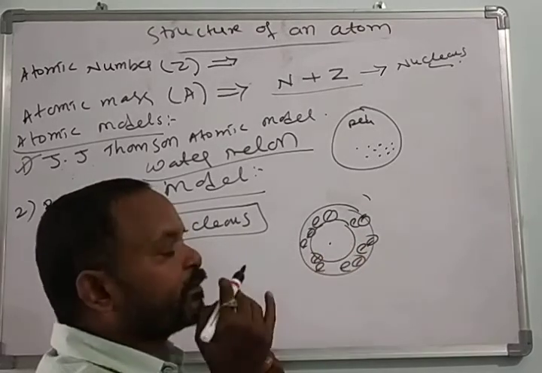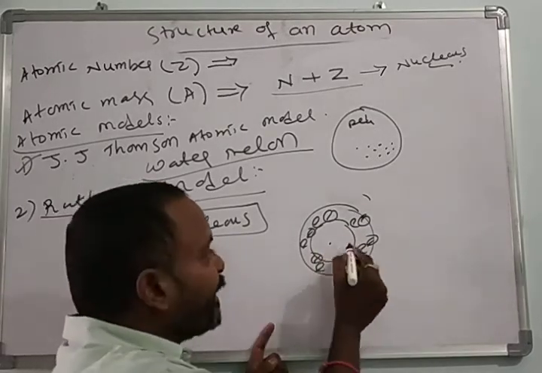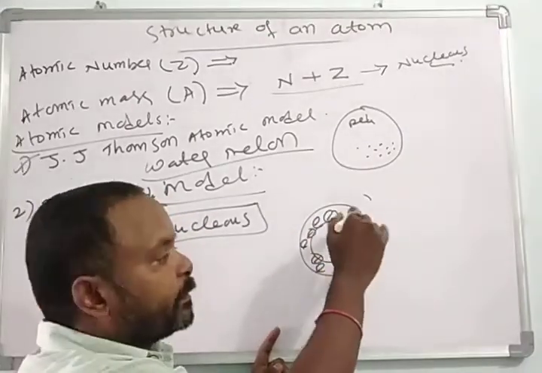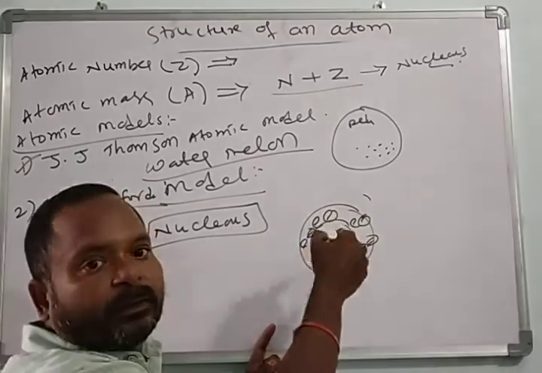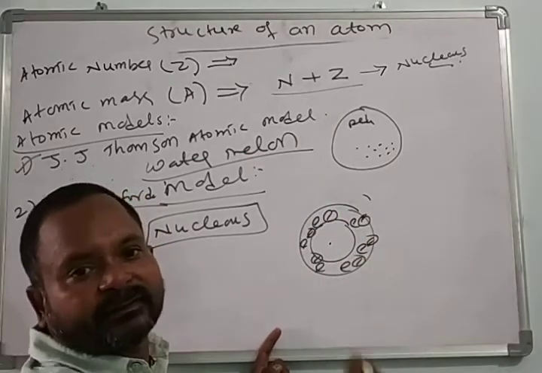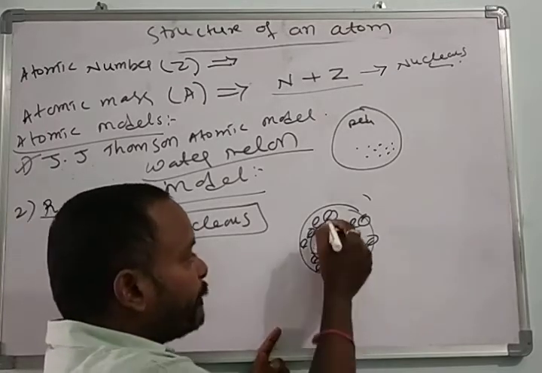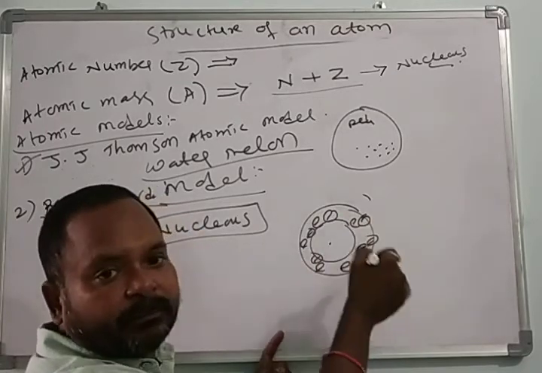The pathway of this electron revolving around the nucleus we nowadays call orbits or shells. Electrons revolve in that empty space.